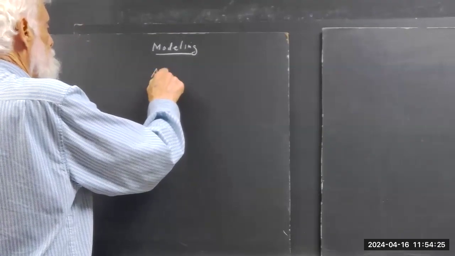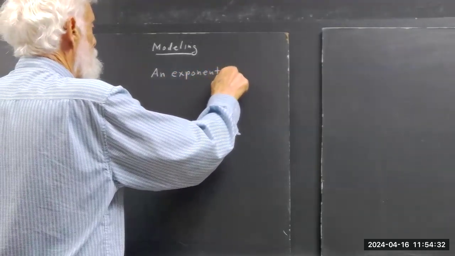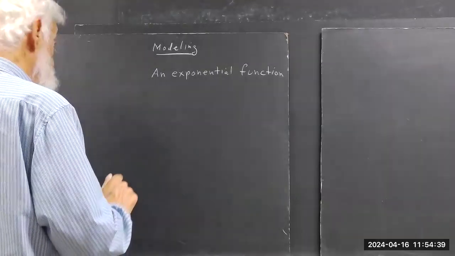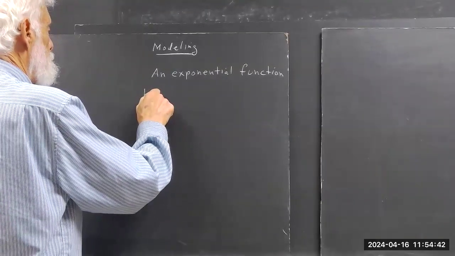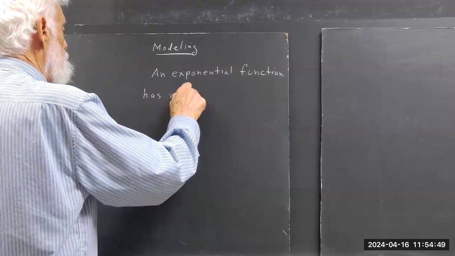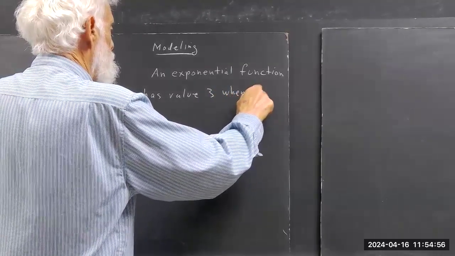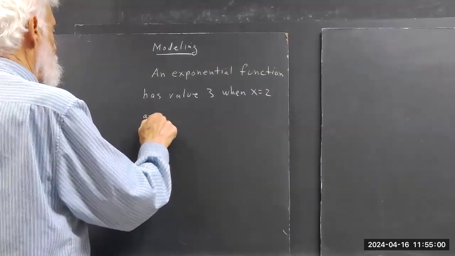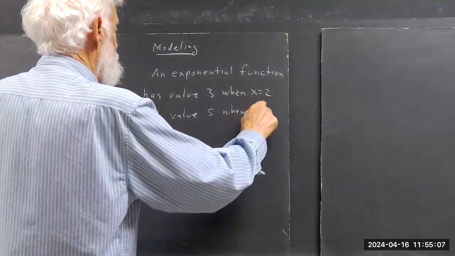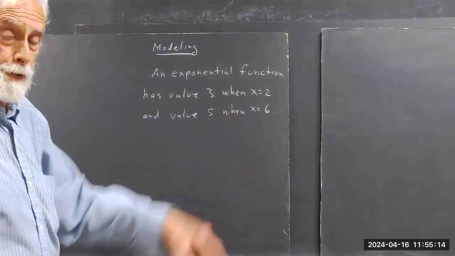I'm going to start just with a general idea, an exponential function that has value 3 when x equals 2, and value 5 when x equals 6.